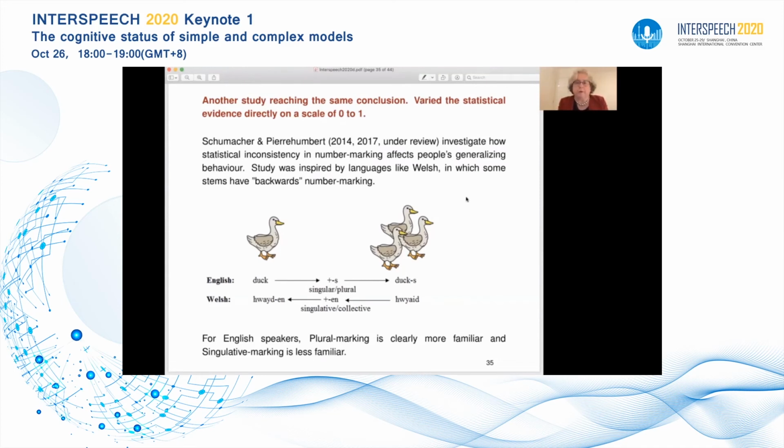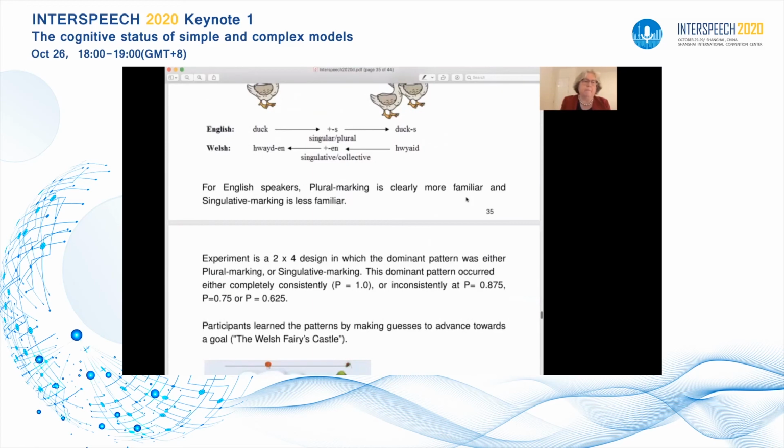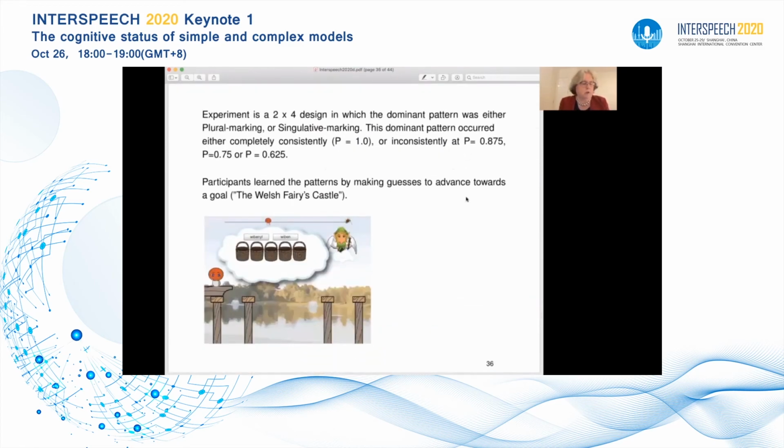And for English speakers, plural marking is obviously more familiar, and singulative marking is less familiar. So the experiment is a 2x4 design in which the dominant pattern was either plural marking or singulative marking. And this occurred either completely consistently or inconsistently. And participants learned the patterns by making guesses to advance towards a goal, which was the Welsh fairies' castle.